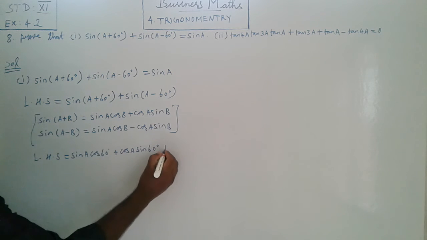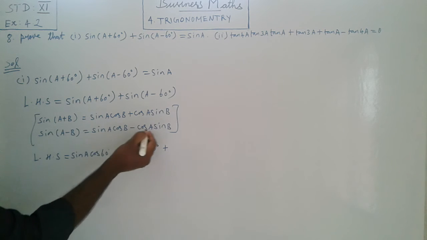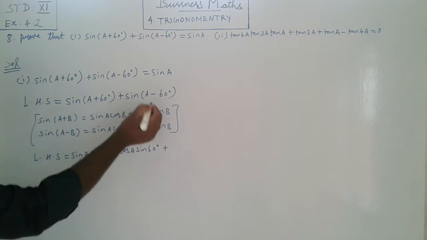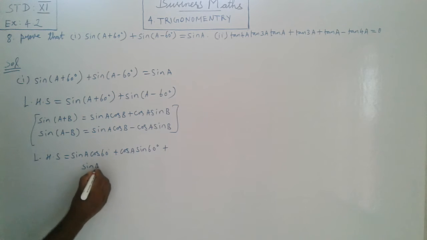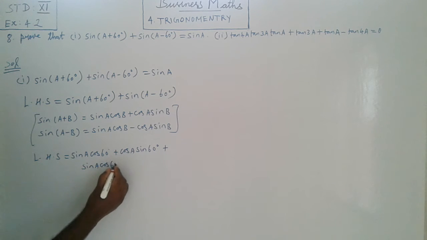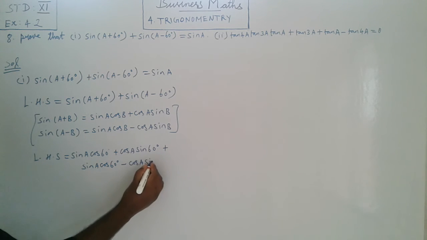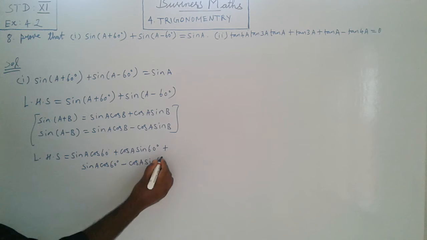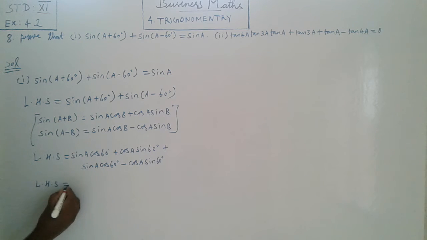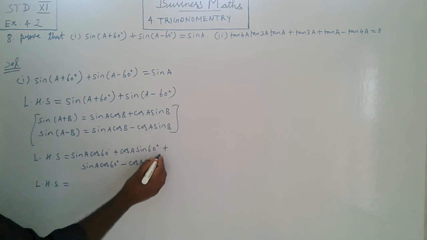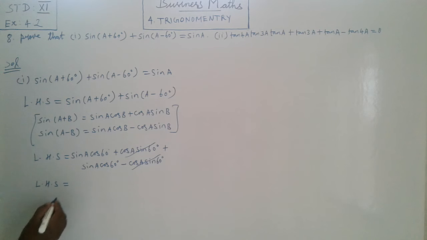Next plus sin(a minus b), which is sin a cos b minus cos a sin b, where b is 60 degrees: sin a cos 60 degrees minus cos a sin 60 degrees. So cos a sin 60 and minus cos a sin 60 cancel.